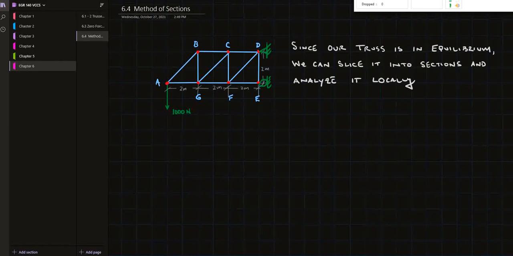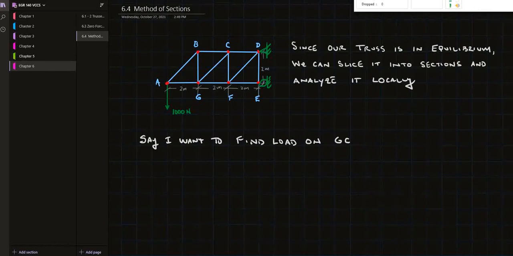For example, say I want to find the internal load on, let's see, GC. So the force in GC.